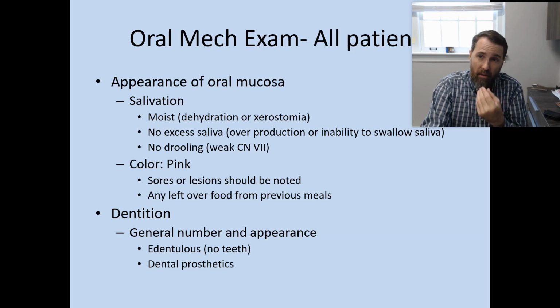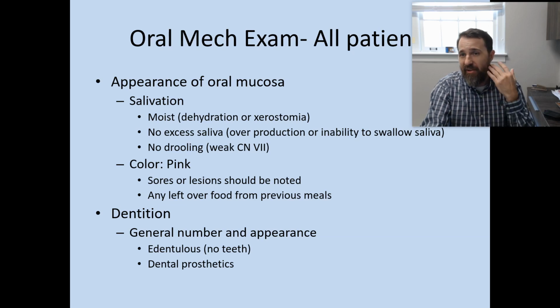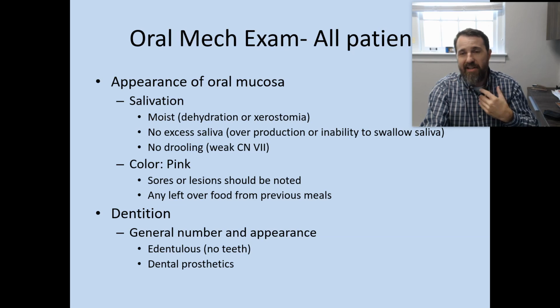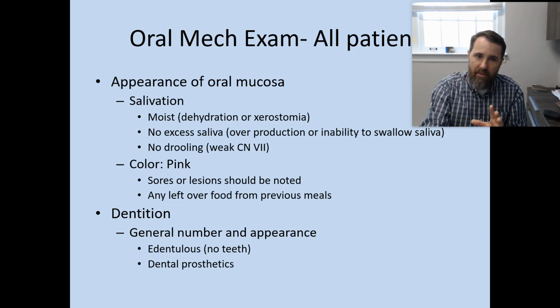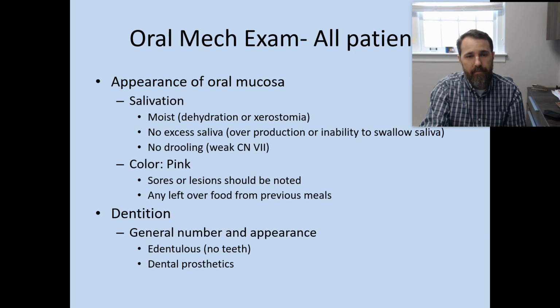If there is a lot of drooling going on, that probably indicates to you that they're having trouble dealing with it posteriorly through the pharynx and esophagus, like everyone else normally does. You want to look for any lesions in the mouth. Is there any pocketing in the buccal cavities? Which means, is there food left over in the buccal cavities?